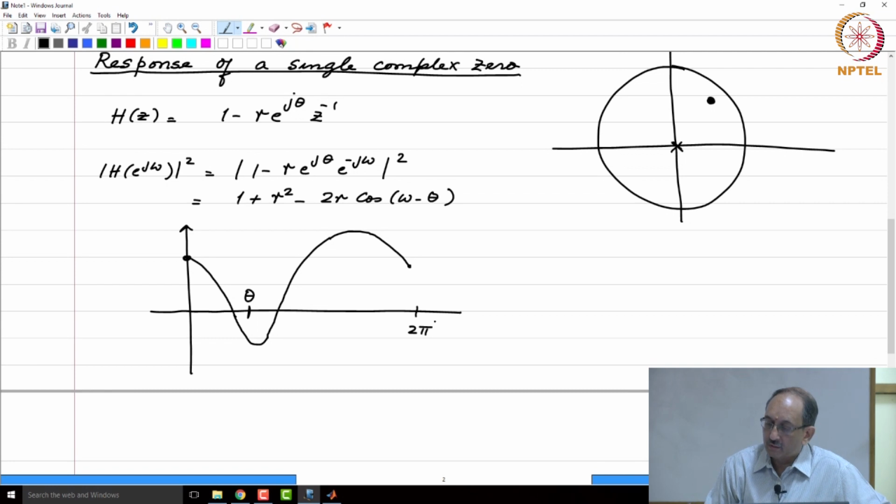So this is the frequency response of a single complex zero, that is log magnitude. So this is typically 20 log 10 magnitude of H of e to the j omega.